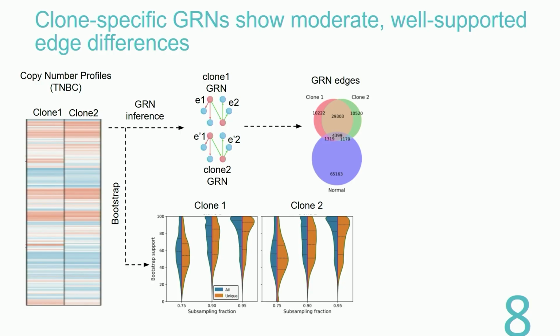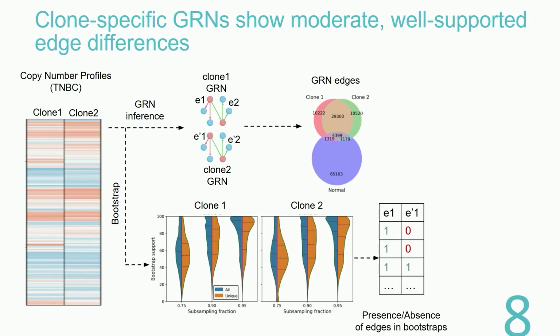The orange section represents unique edges within a specific clone GRN, and the blue section represents all of the edges present within a specific clone GRN. And what's interesting to note is that the bootstrap values are slightly lesser for the unique edges, which will make sense in some time, which we'll see later on.